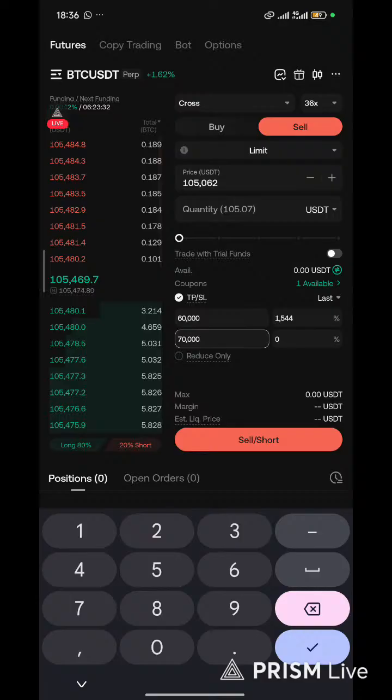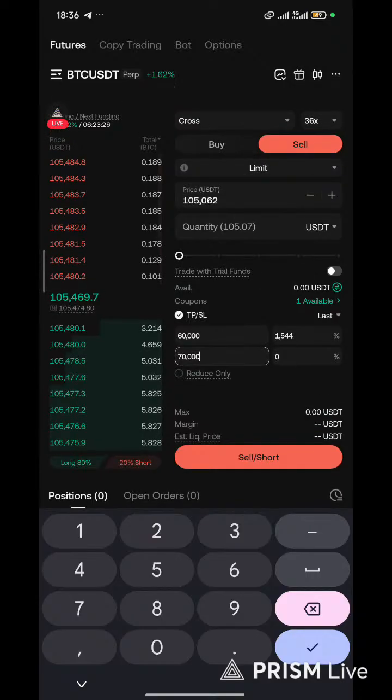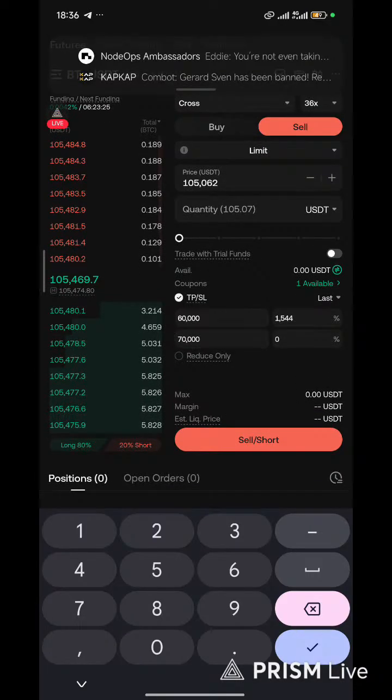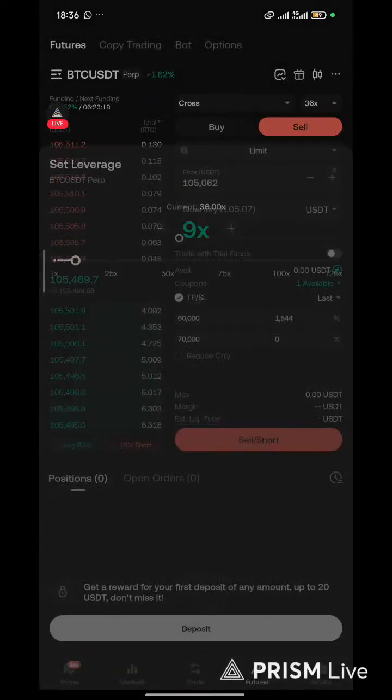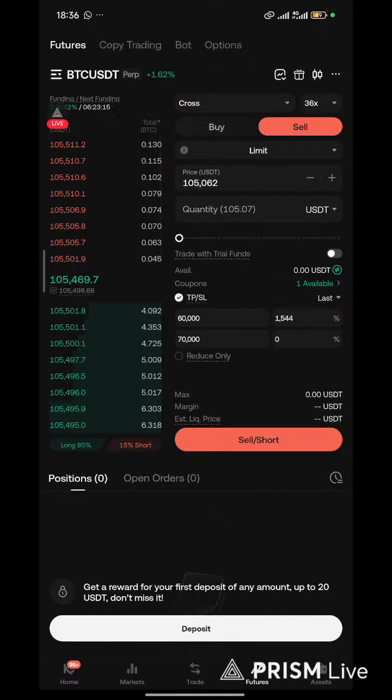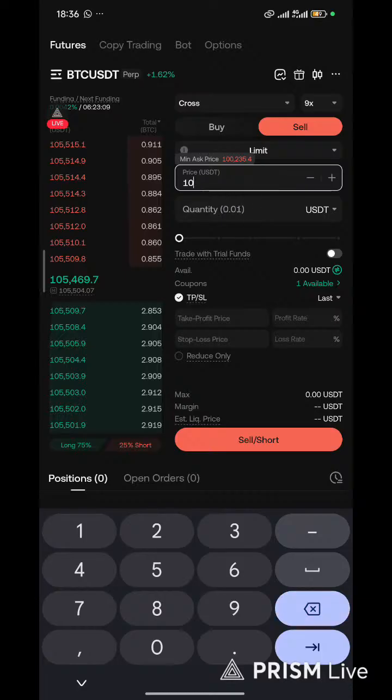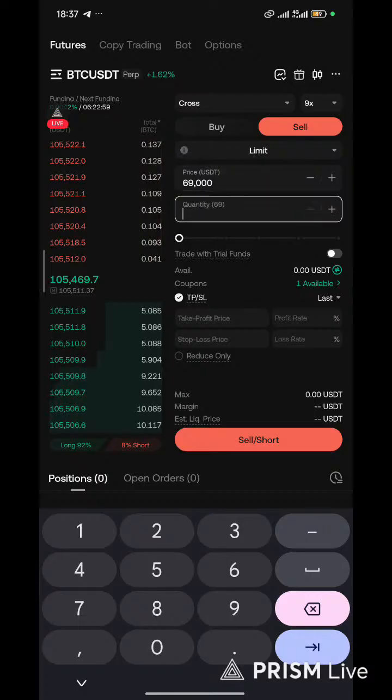Have you seen the profit that you would have made? This would have been a massive profit for you. If the leverage was too much, you use 10x. That is your leverage, and the price is 69,000, right?